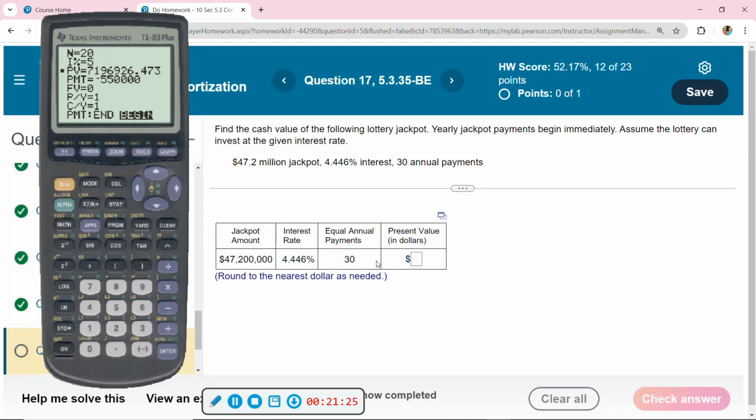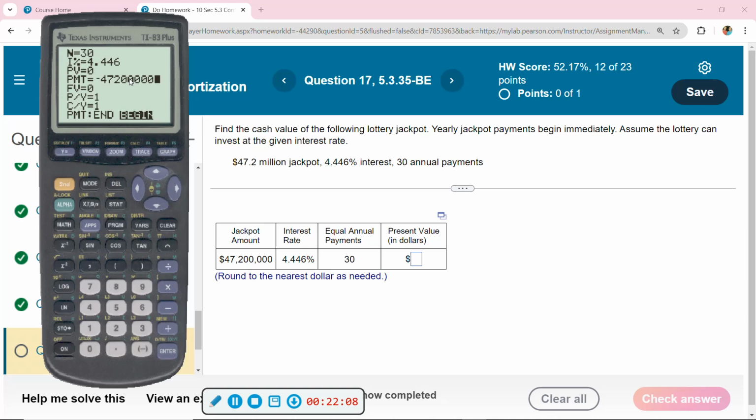Let's see. Oh, another one just like this. Here, a $47.2 million jackpot for 30 years. N is 30. What's that interest rate? 4.446. Present value is what we don't know. I'm going to put a 0 there just to clear out all those numbers. But what about the payments? Well, it's going to be negative 47,200,000. So 47 million, then a 2 with 5 zeros.